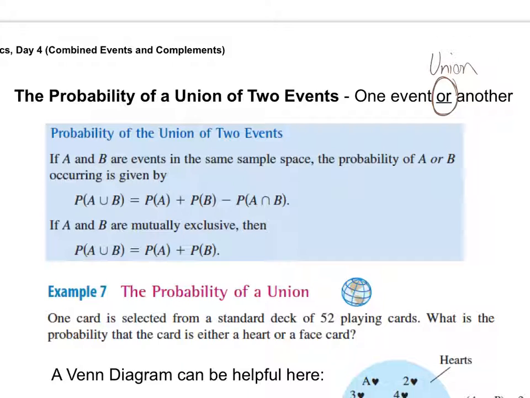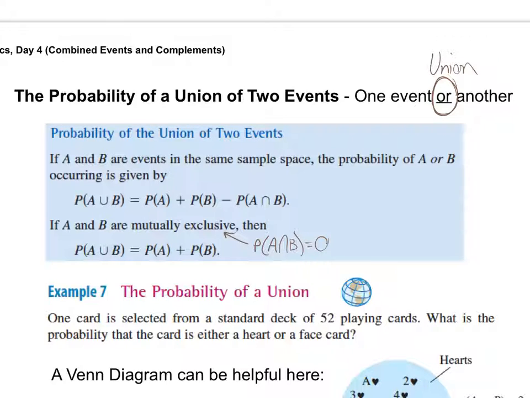Why don't we have to subtract the intersection if they're mutually exclusive? Because there's nothing in the intersection. Very good. There is nothing in the intersection, so the probability of A intersect B is 0, right? There's nothing to subtract anyways.